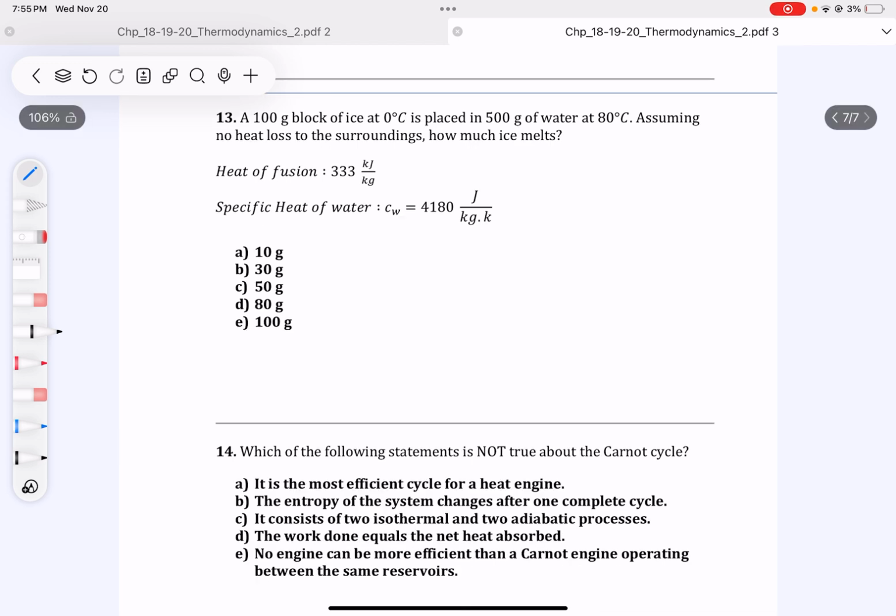We said before that there are two formulas for Q. Here we will use, because there is no phase change, the one for the water: the Q given by the water is just M C delta T. That's just 0.5, because M is in kilogram, times 80. If we calculate it, okay, let's just get the calculator.